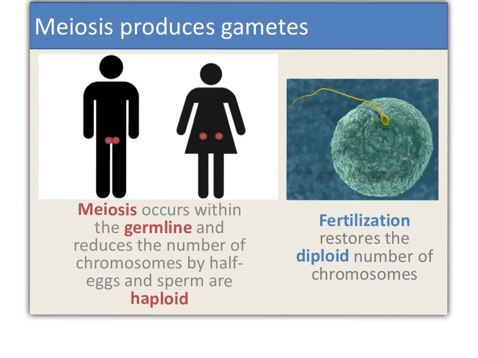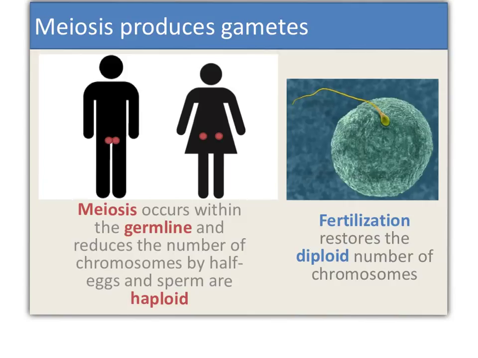So, meiosis. Now, meiosis and mitosis are similar but different. Mitosis just copies a diploid cell and makes a direct copy of itself, a sister copy. Meiosis produces gametes, those sperm and eggs, for sexual reproduction.